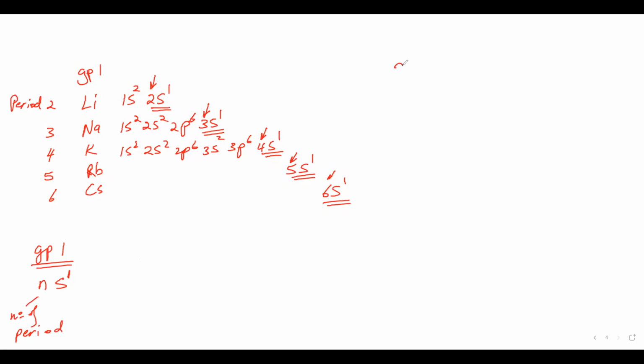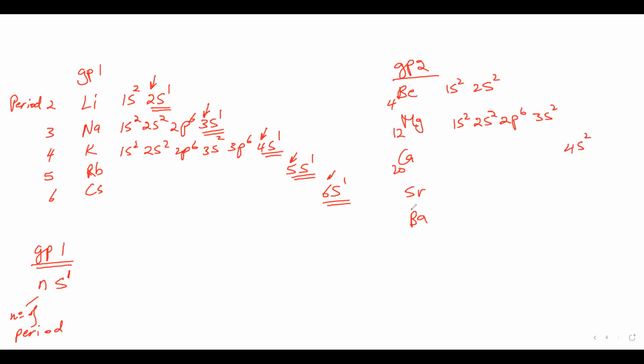If we look at group 2, for example, beryllium 4, and we have magnesium 12, calcium 20, and so on, strontium and barium, we will see that beryllium is 1s2, 2s2, magnesium is 1s2, 2s2, 2p6, 3s2, calcium will end up with 4s2, strontium will end up with 5s2, and barium will end up with 6s2.